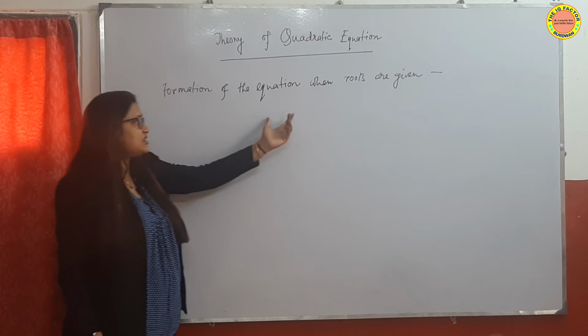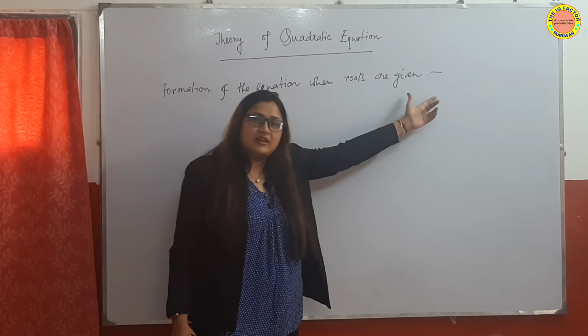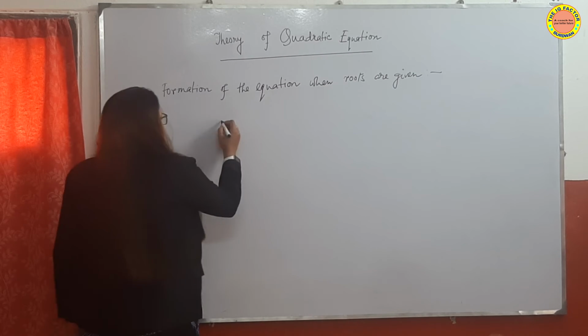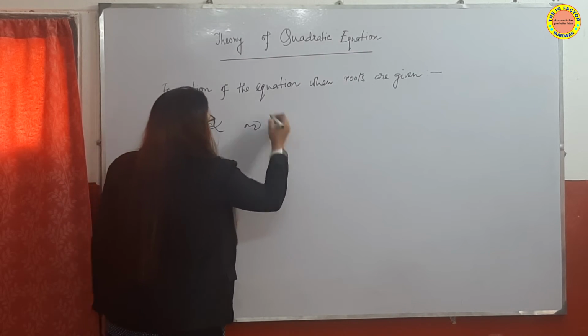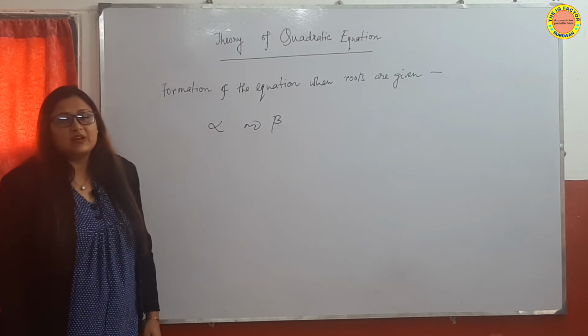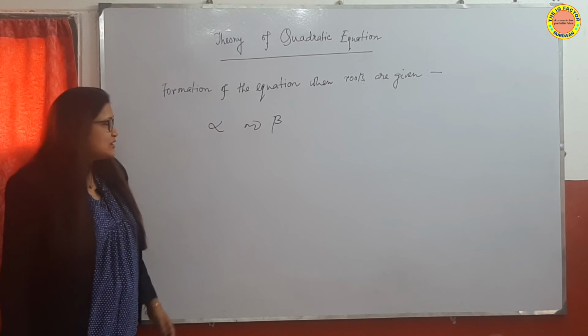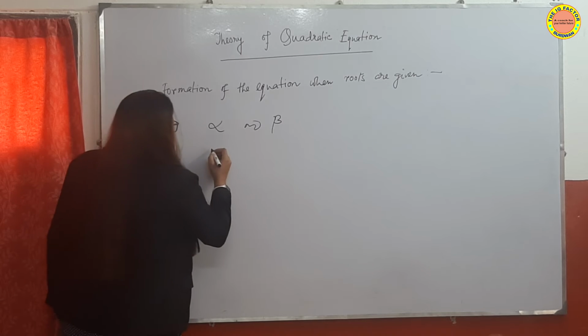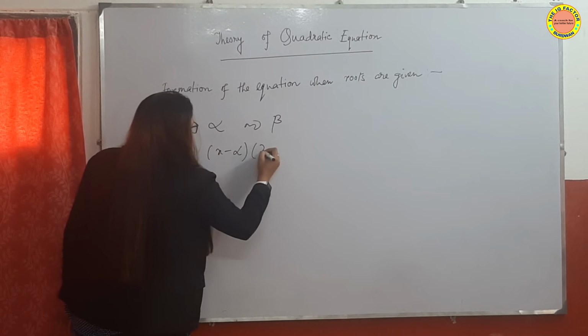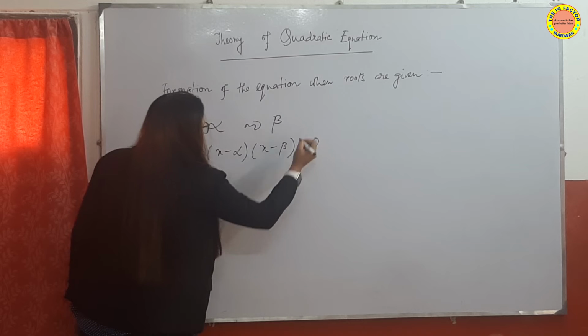Formation of the equation when roots are given. Suppose alpha and beta are given, we have to find out the equation. The formation is like that: x minus alpha into x minus beta is equal to 0.